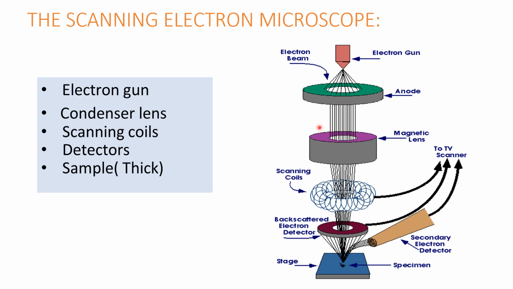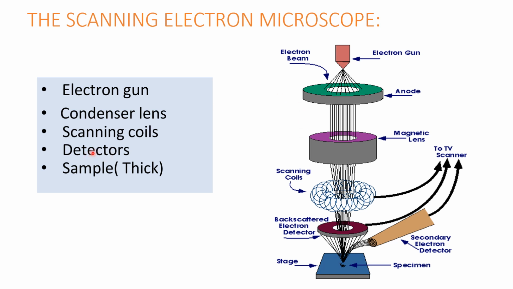Now the condenser lenses. SEM uses condenser lenses to produce a clear and detailed image of the sample. Condenser lenses are made of magnets capable of bending the path of the electron. By doing so, the condenser lens focuses and controls the electron beam.